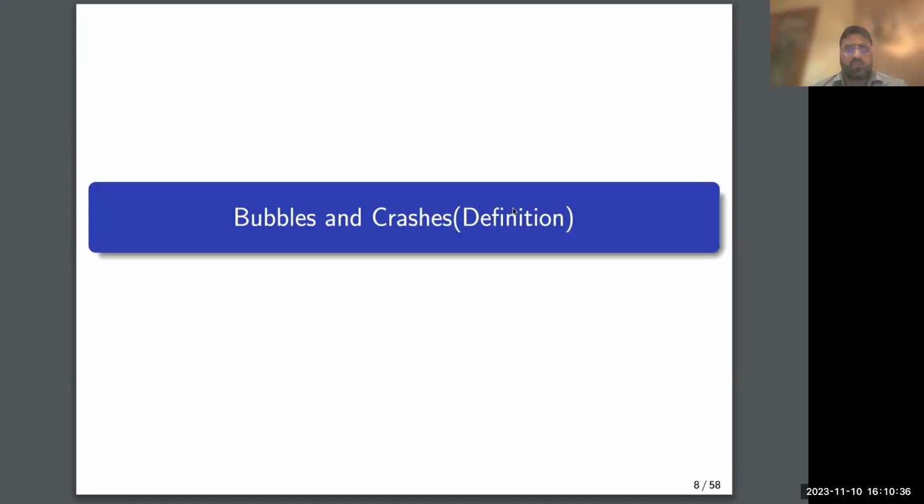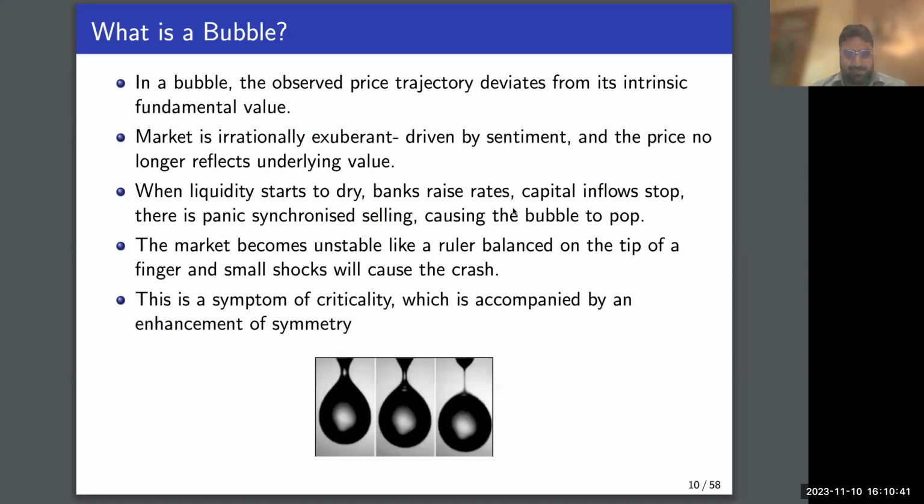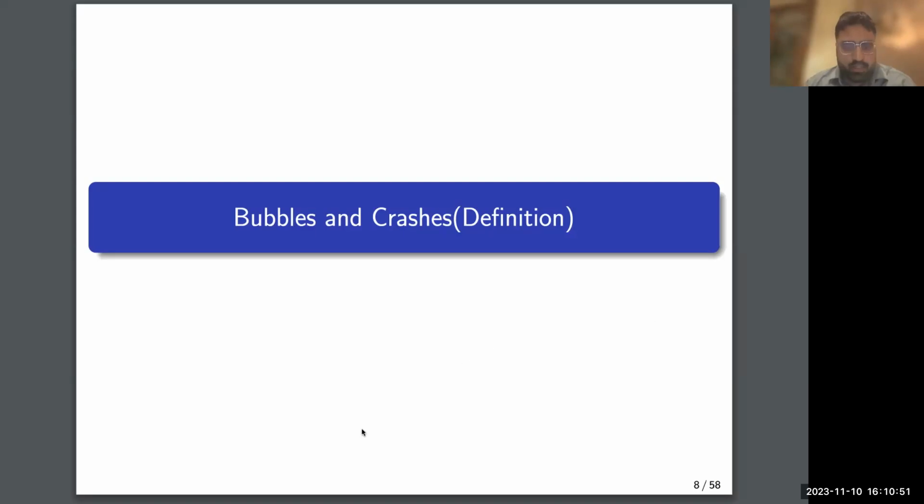Let me first define what a bubble is, right? I'm able to actually scroll one at a time. I don't know what's going on here. Shall I just try to do it using the PDF? One second. Just give me a second. I'll just try to open this using the PDF.